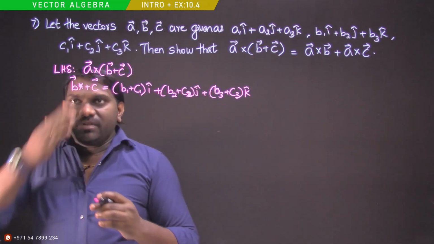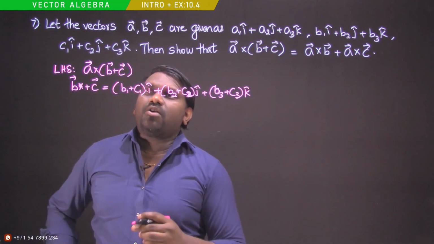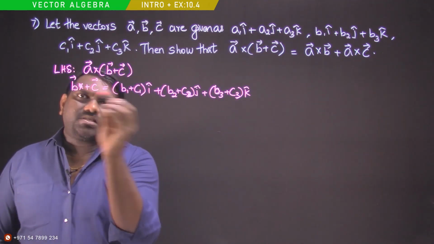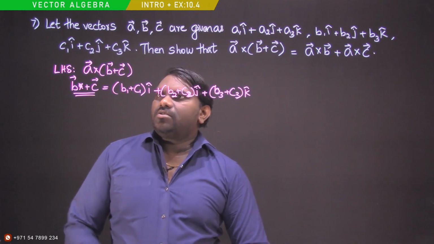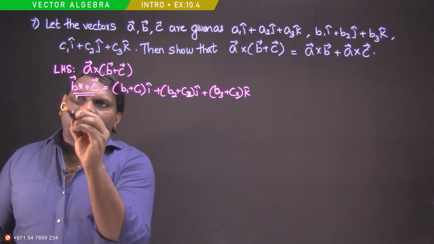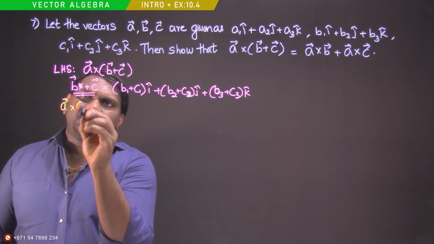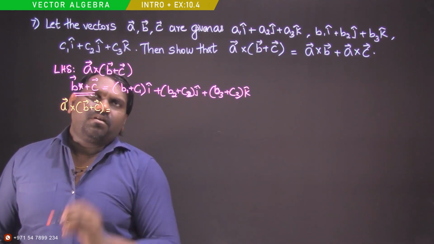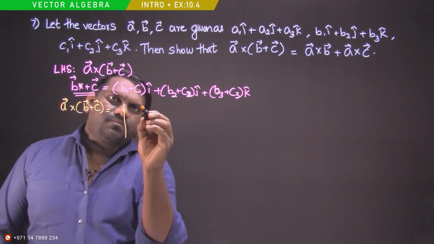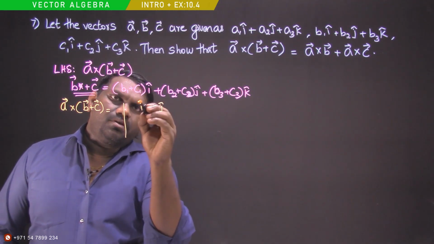Now we will move on to find A cross this complete one, A cross (B plus C).